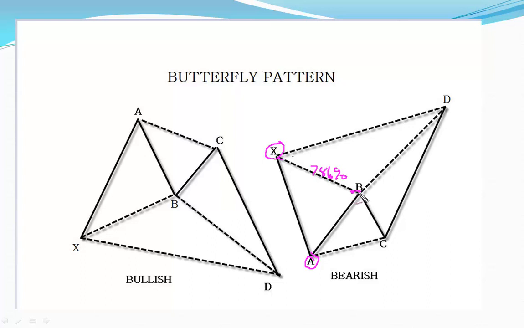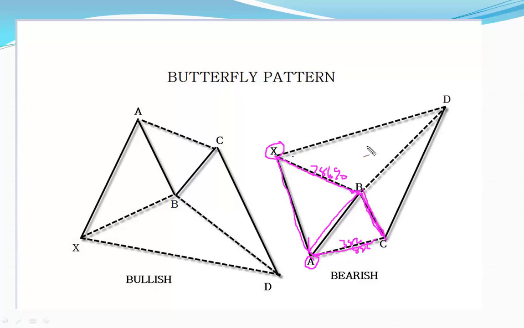And then from A low to B high down, you're looking at a 382 to 886. So there are some variables where the market has room to go a little bit deeper or a little bit shallower, but as long as the harmonic pattern is available and working and the structure is there, then it's fine.